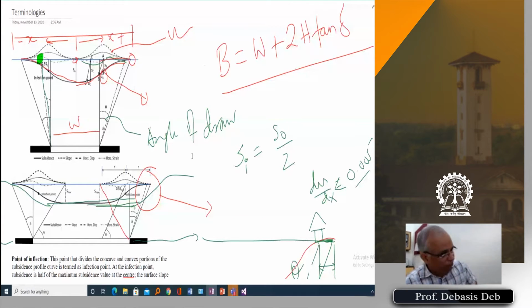If it is there, it is very good. If it is not there, wherever it has happened, we can plot that in our figure and then find out that angle of break. That's why I have shifted it from the inflection point. It may be at the inflection point, it may not be.